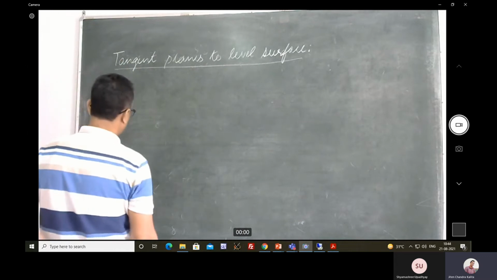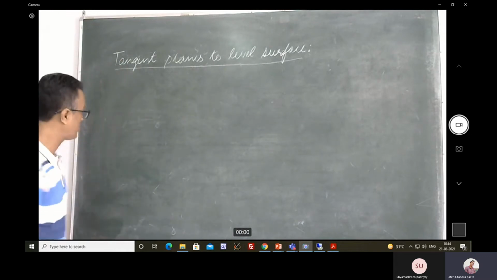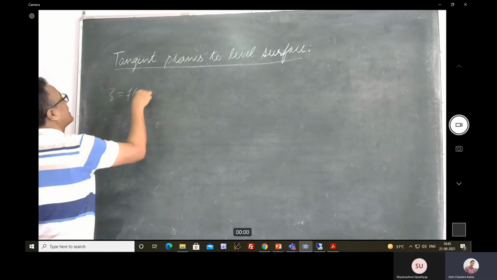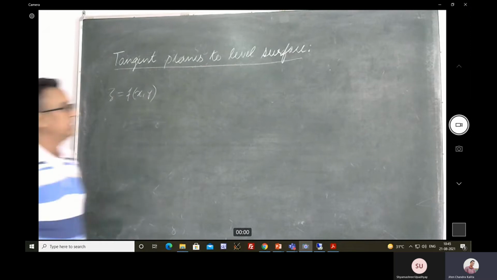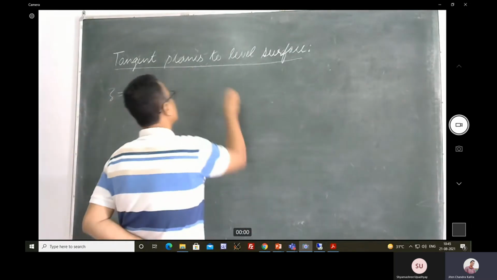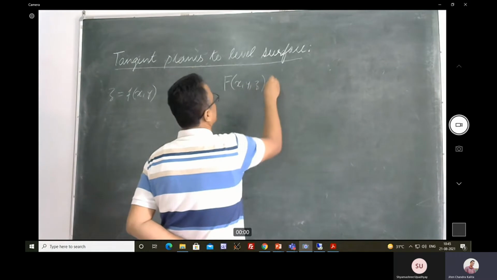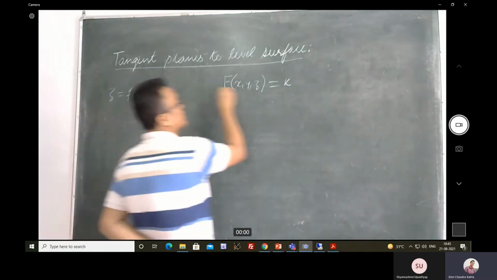For the time being, whatever we have done in directional derivatives, we considered a surface as the graph of a function of two variables. Now, instead of that, let us consider a surface as the level surface of a function of three variables. It is given by these expressions.